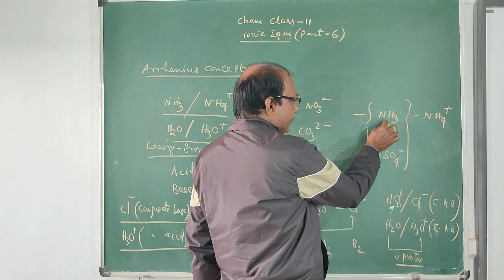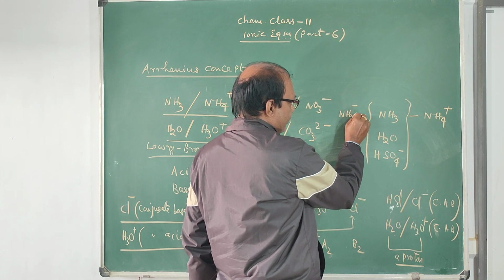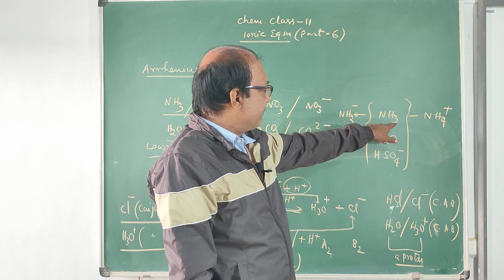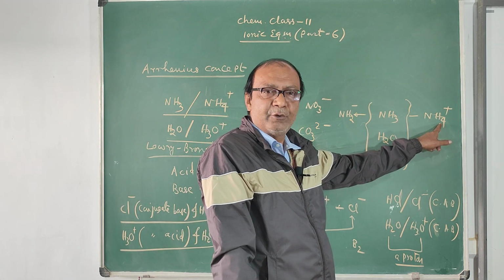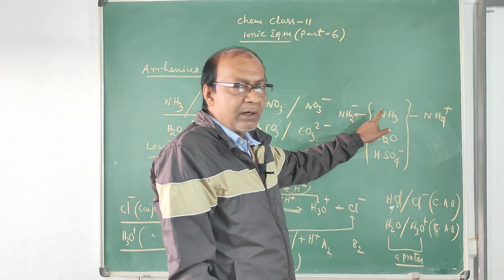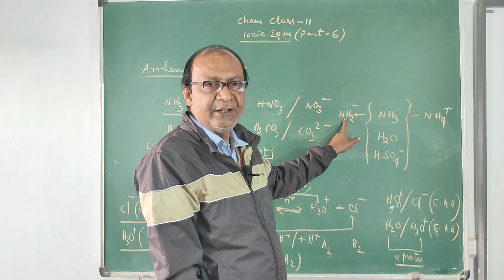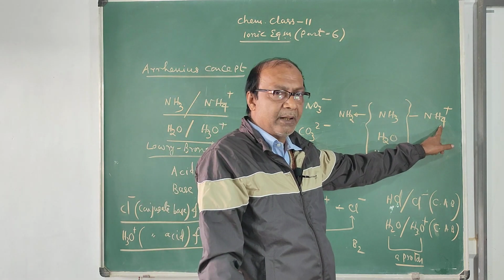If ammonia is an acid, its conjugate base is NH2-. Look at this species. Talking about ammonia, ammonia is a base and its conjugate acid is the ammonium ion. If we consider ammonia as an acid, then its conjugate base is NH2-, the amide ion. This is the amide ion, this is the ammonium ion.